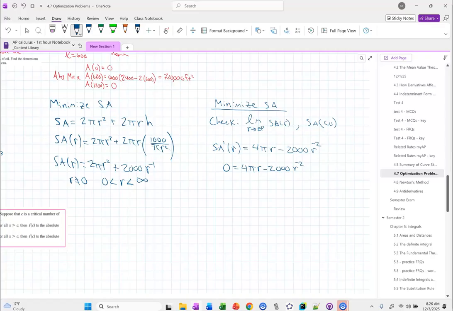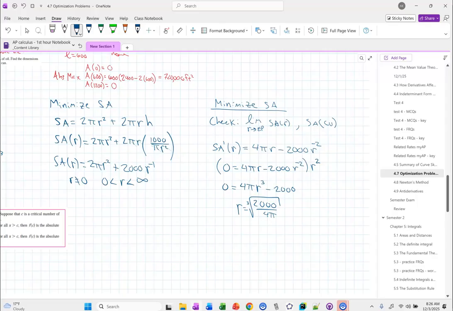That's probably the nicest way of doing this. So 0 times r squared is still 0. r squared times 4 pi r is 4 pi r cubed. And then I have 2,000. So from here I can add the 2,000 over, divide by the 4 pi, and then cube root both sides.